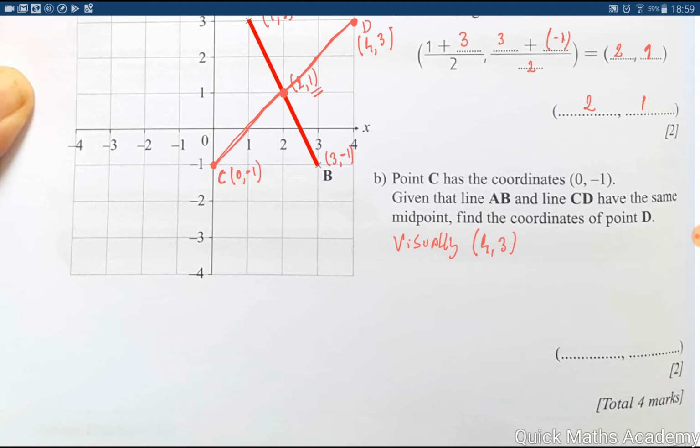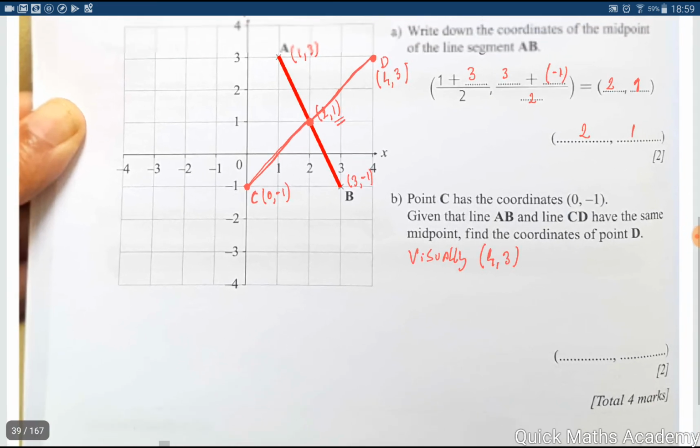But there is another strategy to do this. So I have the midpoint, and let's take the grid into consideration. I know that to go from my midpoint to my point C, look at this, I have to go 2 squares down and 2 squares to the left.